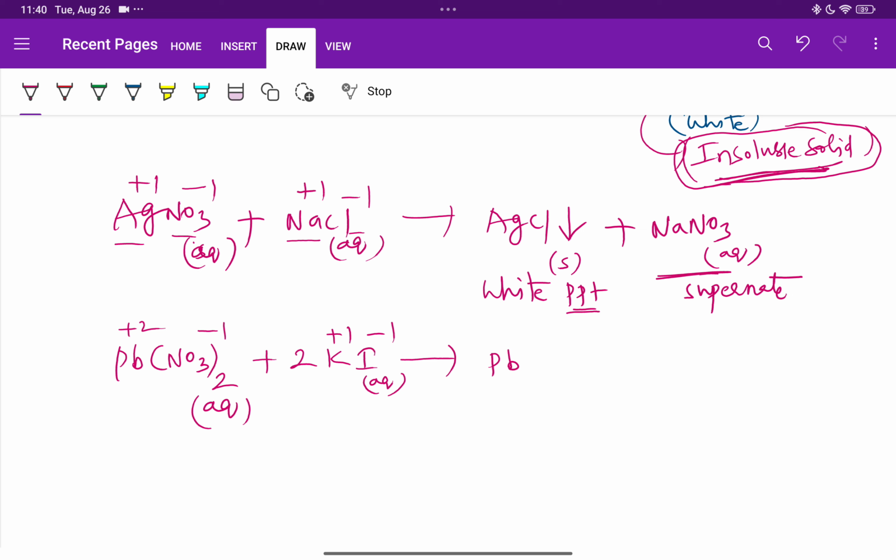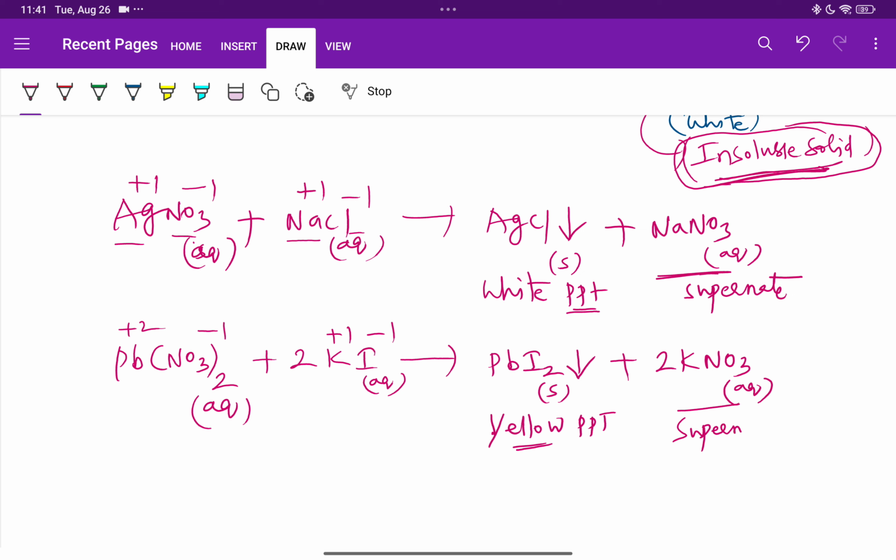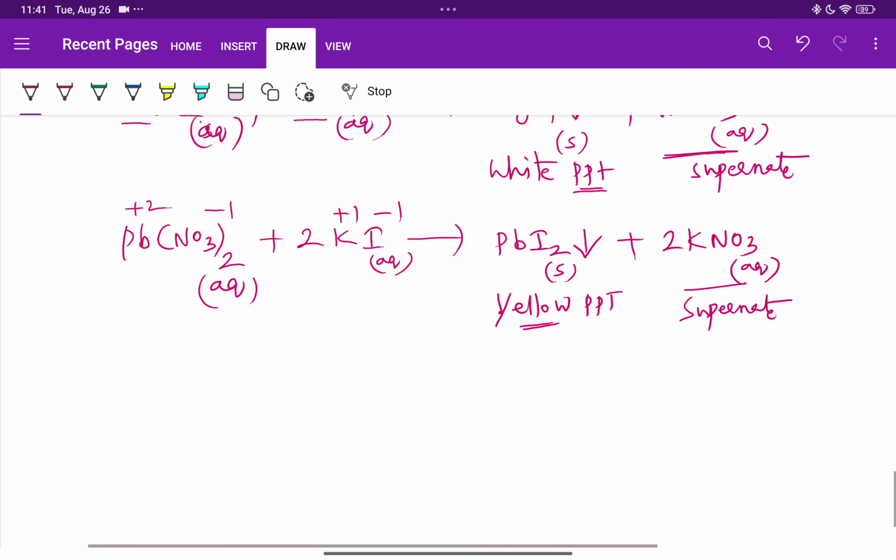Then we are going to get PbI2 precipitate, which is yellow in color, lead iodide. Very important. And here the supernate is potassium nitrate. So these are the three very important precipitation reactions until you finish intermediate.